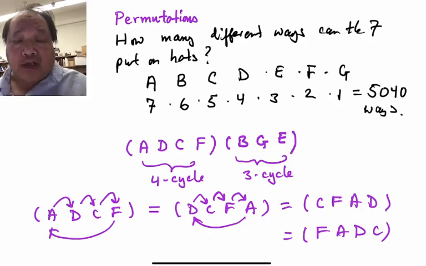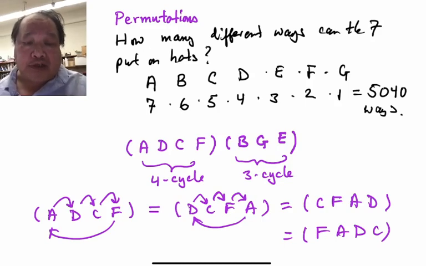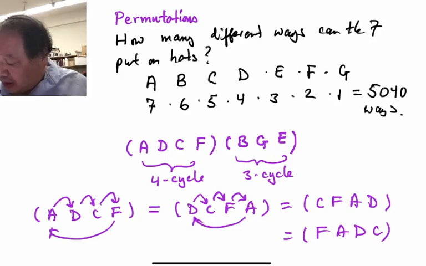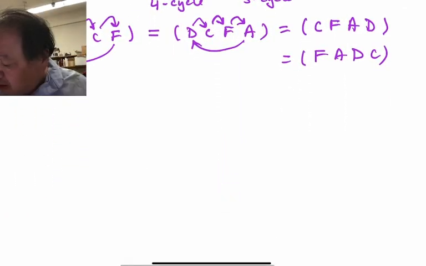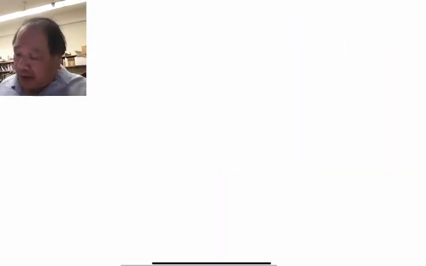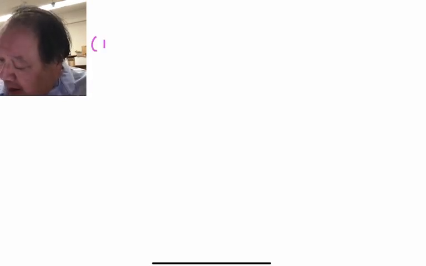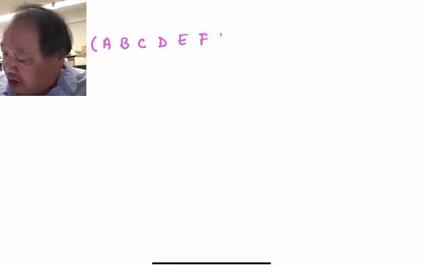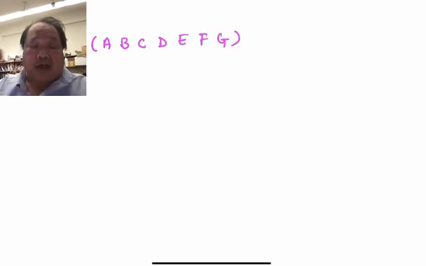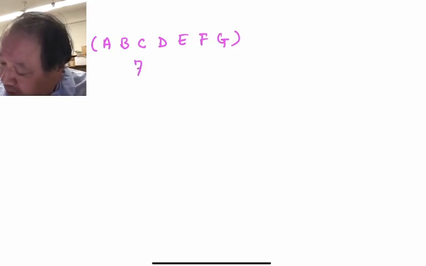It's given us a way of classifying the different ways the 7 brothers can end up not putting on their own hats. And I'm going to list them out right now. One possibility would be A put on B's, which put on C, D, E, F, and G, it takes all 7 to make a loop, a 7 cycle.